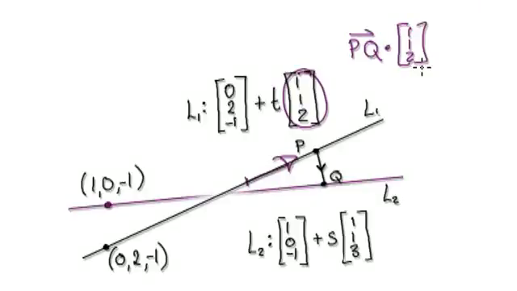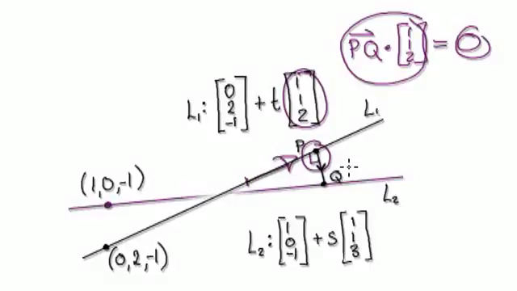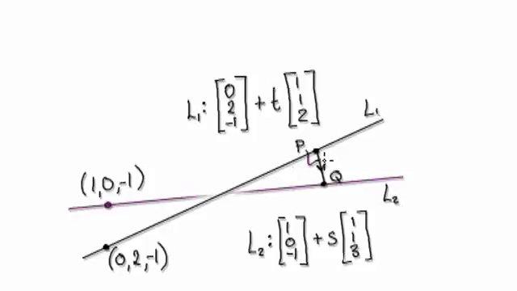So to find out the shortest distance, you would demand that this be 90 degrees, and the way you would do that is to demand that the dot product equals 0. Then the shortest distance exists when this is 90 degrees and this is also 90 degrees.